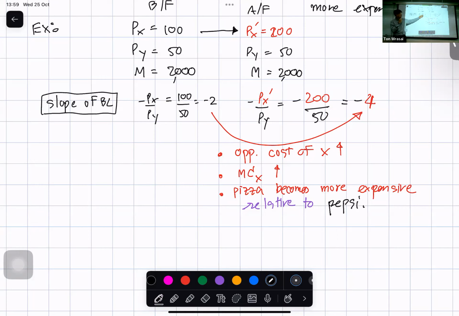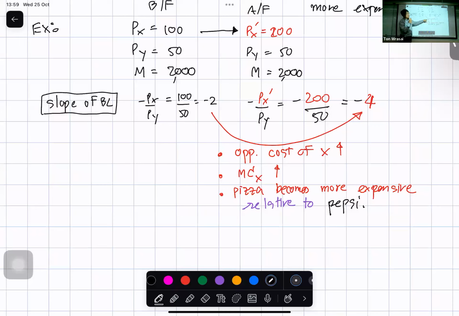The interpretation for this guy is, hey, now you are facing this situation. Opportunity cost means what you have to give up when you want to eat a pizza. Opportunity cost goes up. Marginal cost of pizza goes up. In friendly language, pizza becomes more expensive relative to Pepsi. That's natural language.